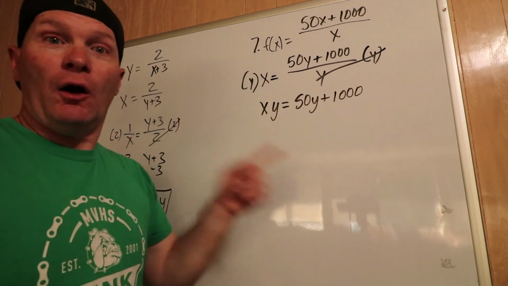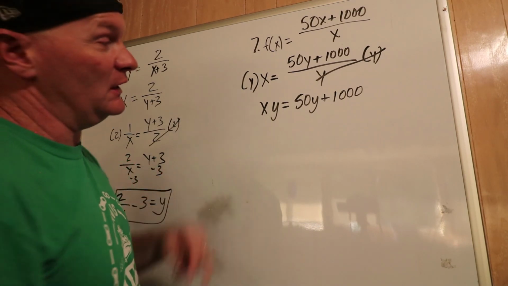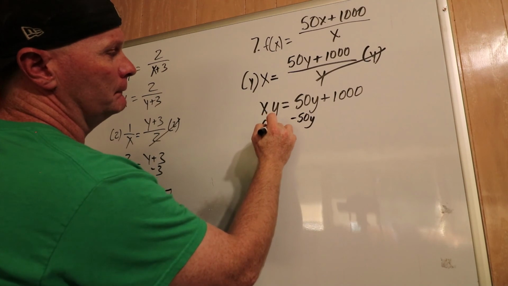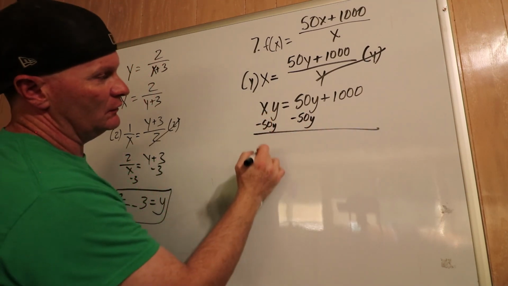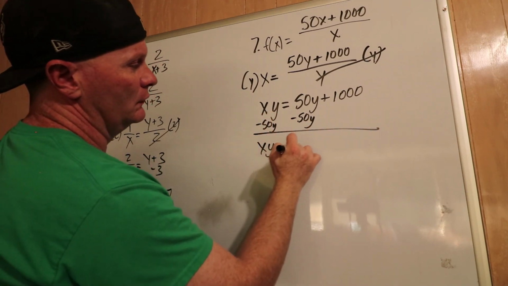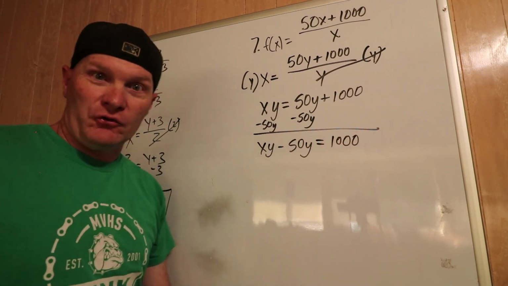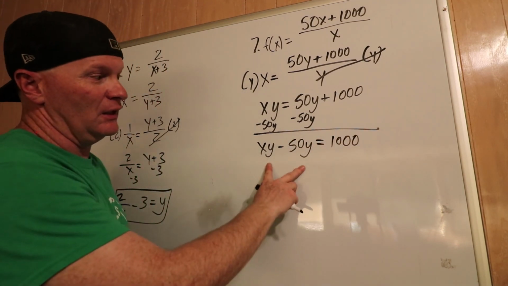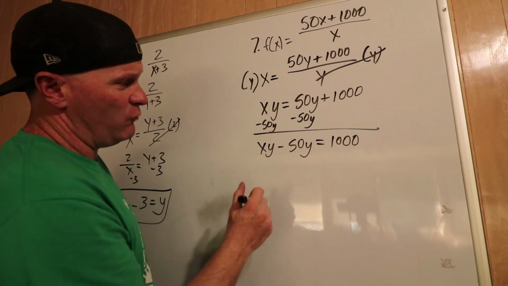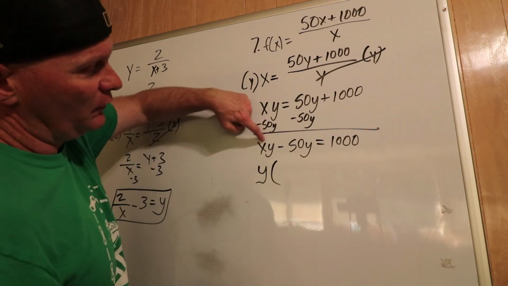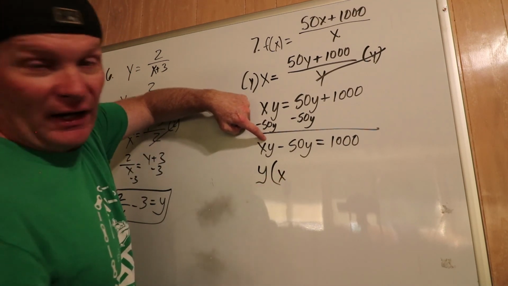And then we need to get all the y's on one side of the equal sign. So I'm going to do minus 50y. I get xy minus 50y equals 1,000. And then since these both have y in them, I'm going to factor the y out. If I take the y out of this, I have x.